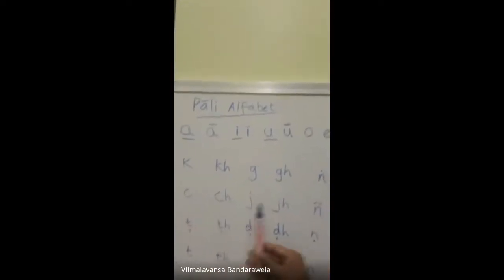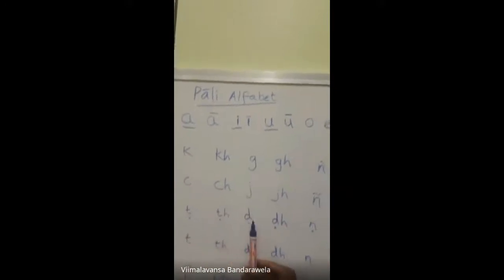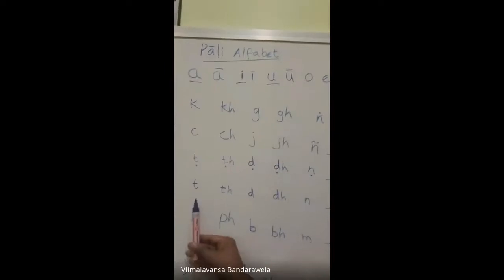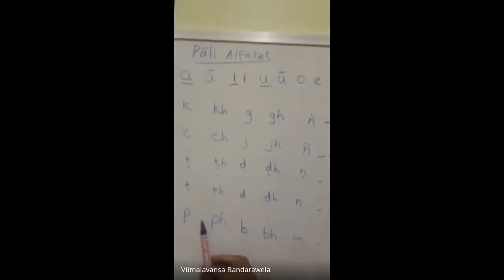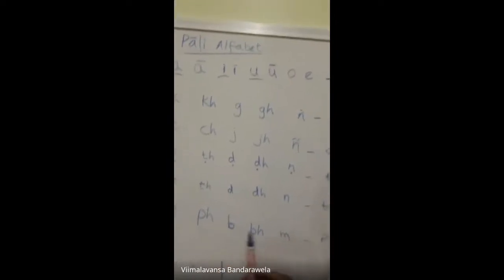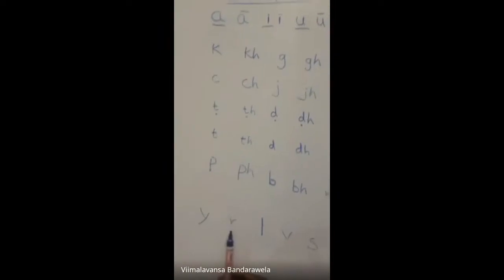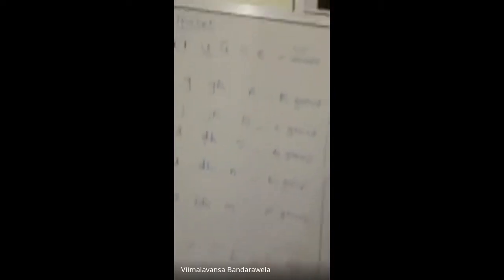Cha, Chha, Ja, Jha, Nya. Ta, Tha, Da, Dha, Na. Ta, Tha, Da, Dha, Na. Pa, Pha, Ba, Bha, Ma. Then Ya, Ra, La, Va, Sa, Ha, La, Ang. So can you please write it down?